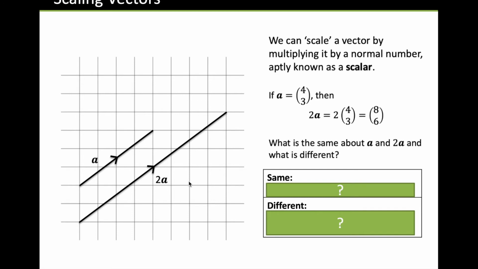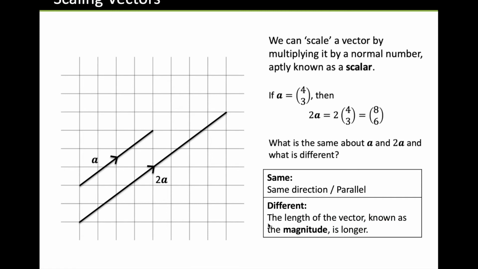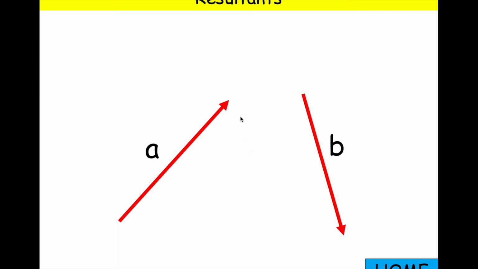Obviously, they both have the same direction, or are parallel. And what is considered different? Obviously, the size or magnitude. So whenever you have two vectors of different length but of the same direction, they are scalar multiples of each other. Right, let's talk about resultant.